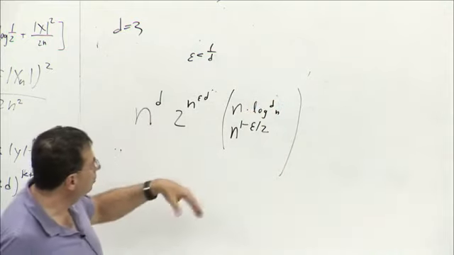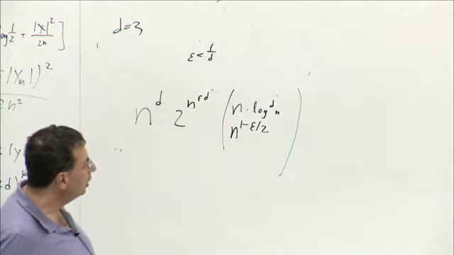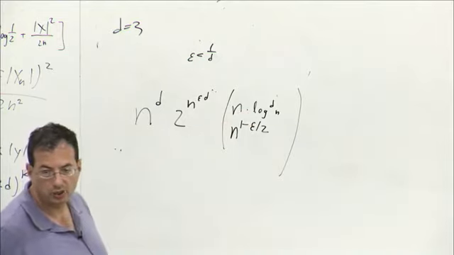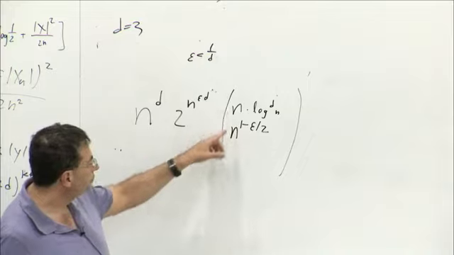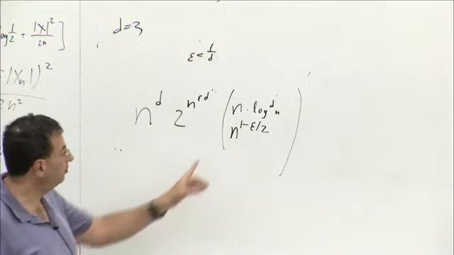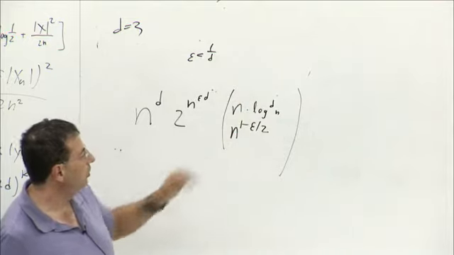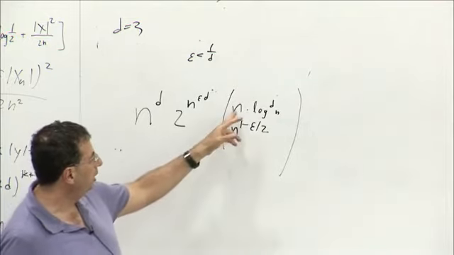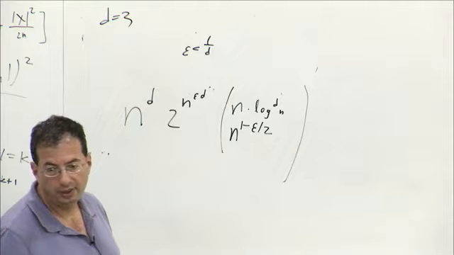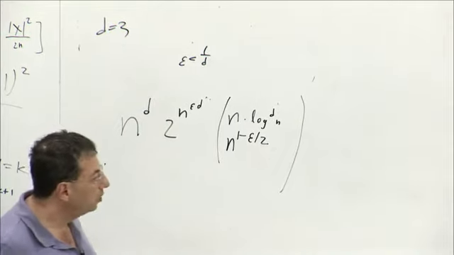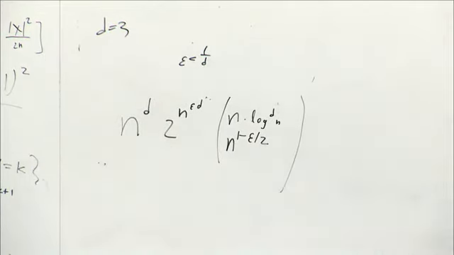This binomial coefficient is still sub-exponential, so you can bound it by n to this power. So we can enumerate over where these intersections are.